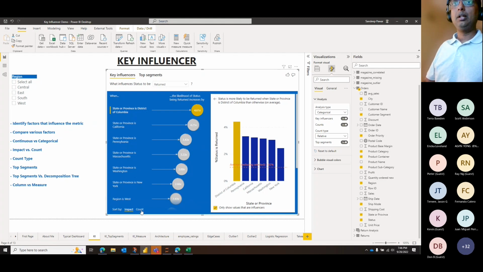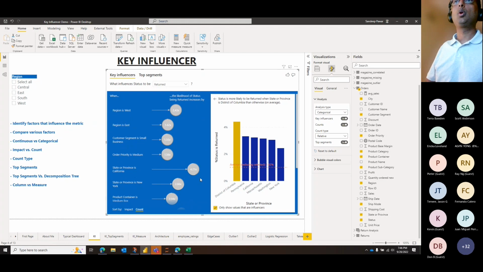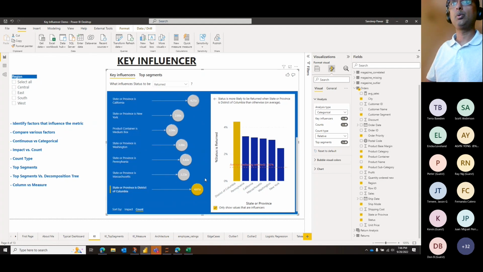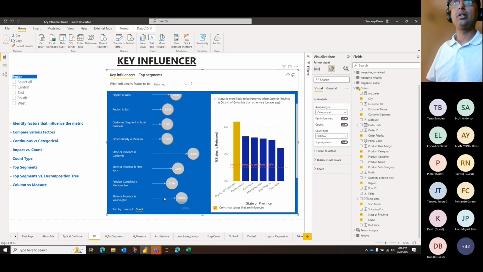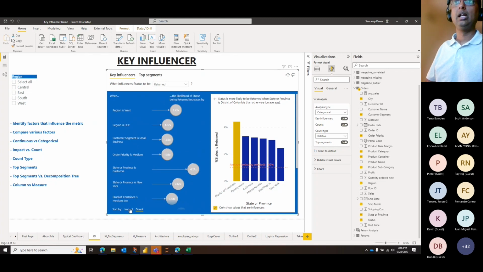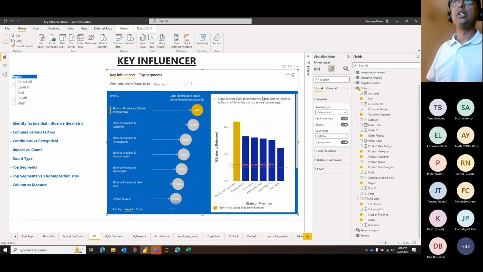And then next to that is the count, and the count takes into account the overall count that we have. So now you see the state of California is shown to be higher, 4.21. And in DC, because DC was selected. And so that's how this part of the visual works.